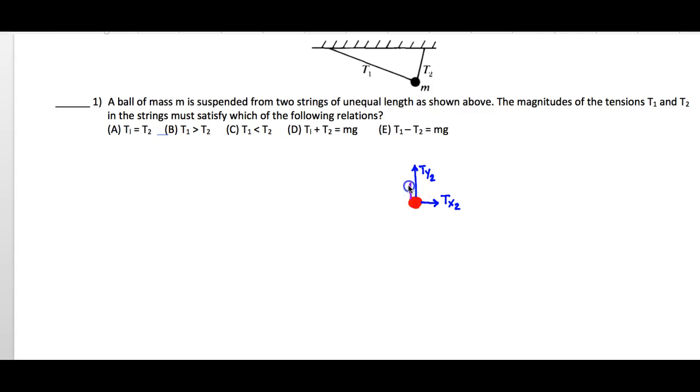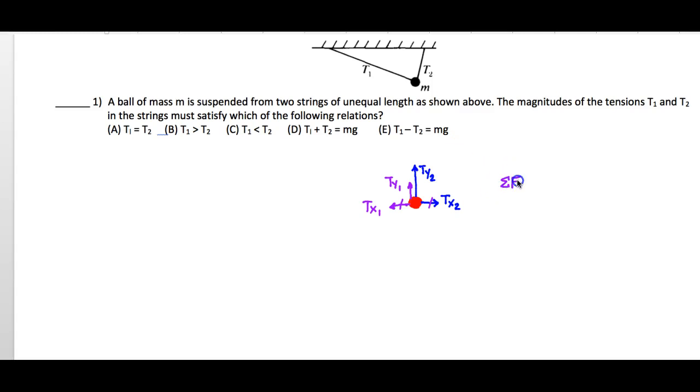I'm going to talk about this in just a little bit. So Ty1 is up, and Tx1 is to the left. It has to be the same size as Tx2. So Tx1 and Tx2 have to be the same size because we know the ball is not moving.